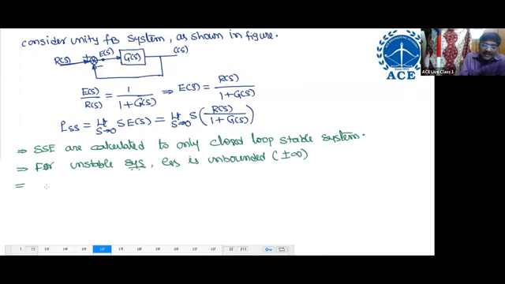Steady state errors are valid only for unity feedback systems.